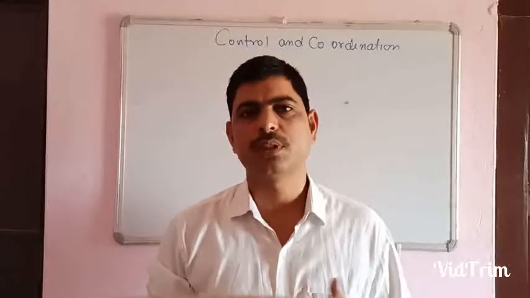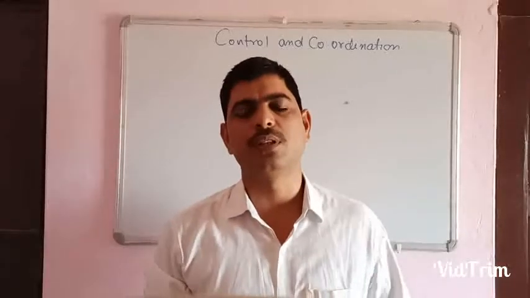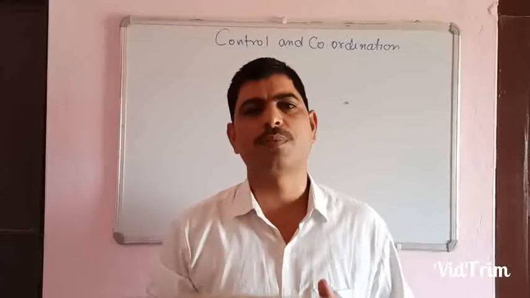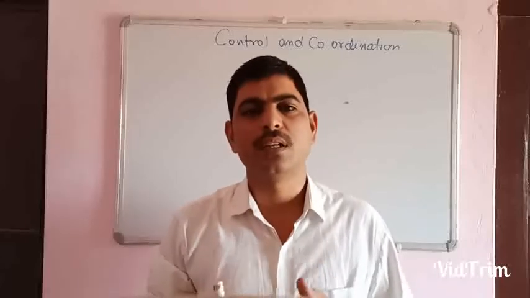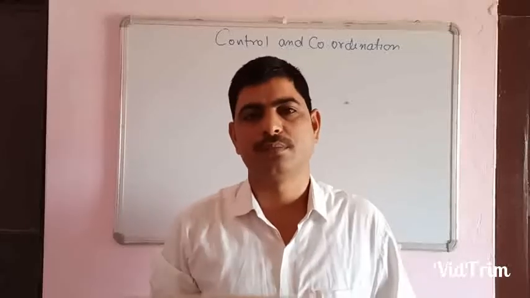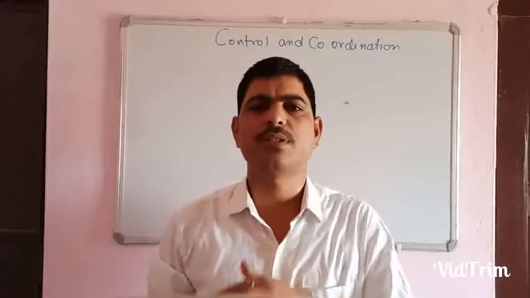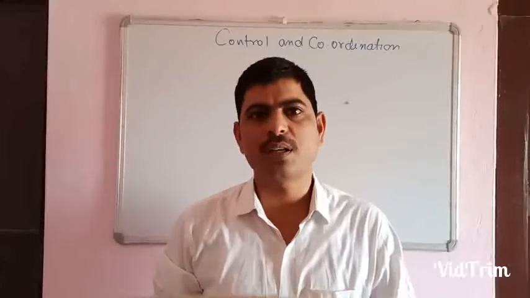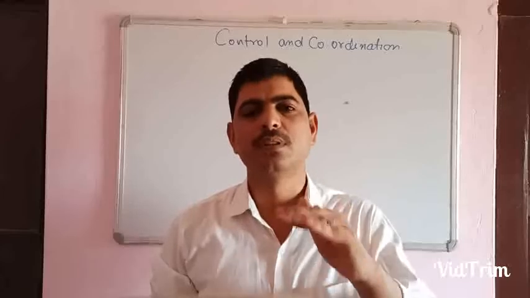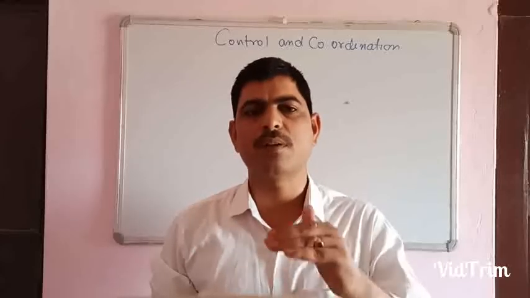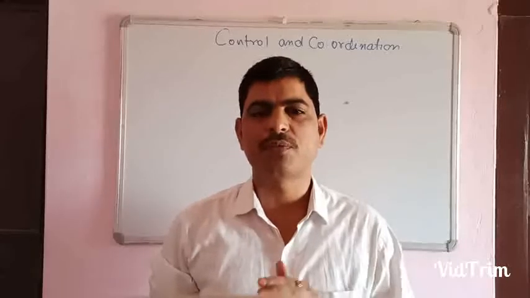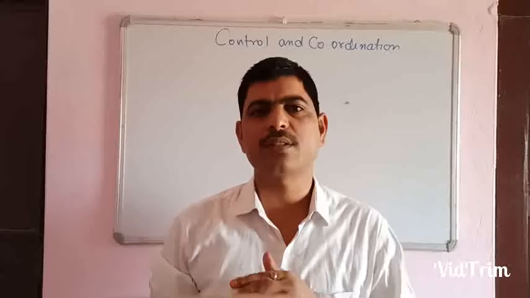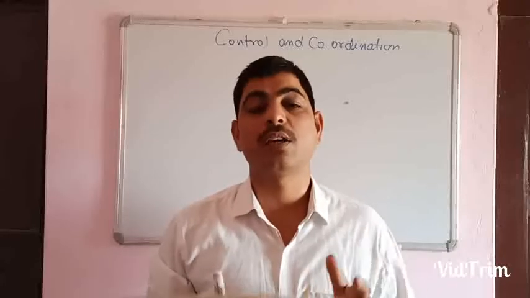It is the nature of the nervous system, control and coordination, that whatever response we give is in a properly controlled manner. So a specific stimulus needs a specific response, in the form of action or movement performed by the animals, and these actions or responses are carefully controlled.